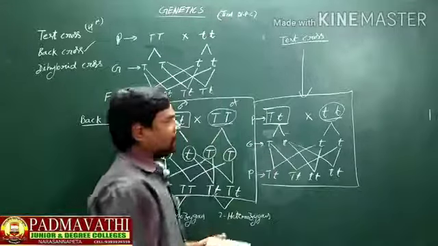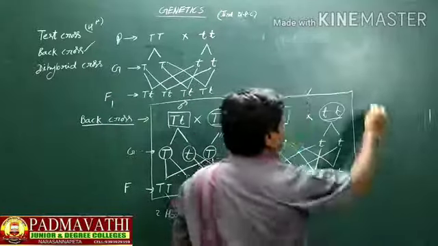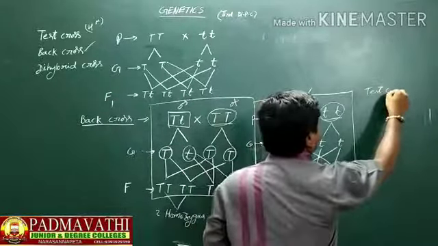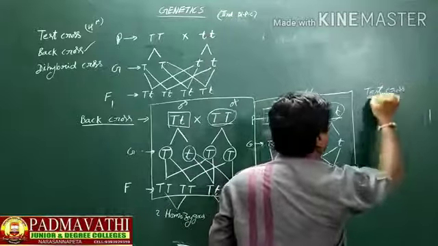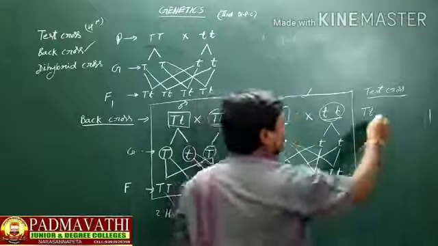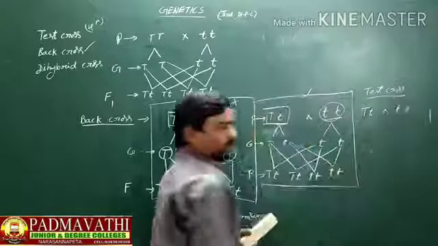These two are back cross, and this is test cross. Big T small t is crossed with small t and small t. So this is the test cross.